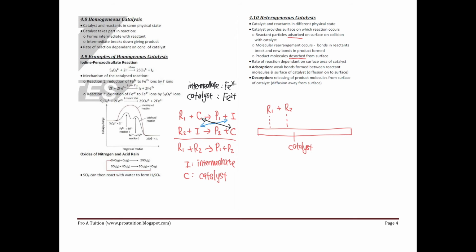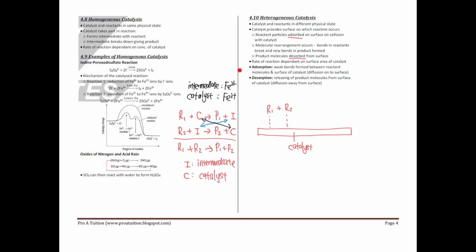So which is this bond? This bond is a weak bond. So they form bonds here so that the reactants can meet each other and then they react. After reacting, they form product and then they go through desorption, releasing of product molecules from the surface of catalyst, and diffusion away from the surface.